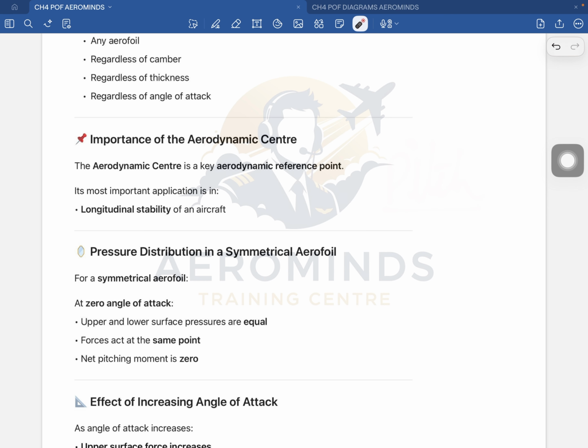When designers decide where to place the wing, the tail plane or the center of gravity, they use the aerodynamic center as the reference. The aerodynamic center is the key aerodynamic reference point, and its most important application is the longitudinal stability of the aircraft.